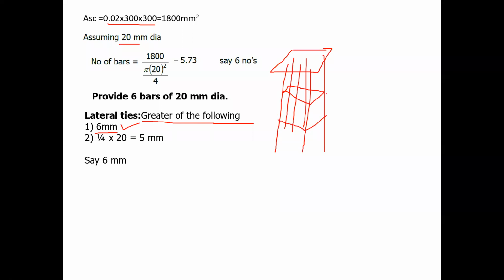The spacing between one stirrup and another you have to calculate now. Is that clear? Next, take down: spacing of lateral ties is the least of the following.